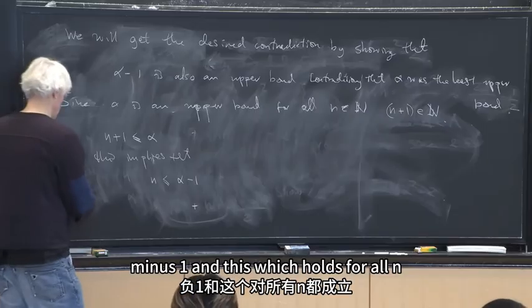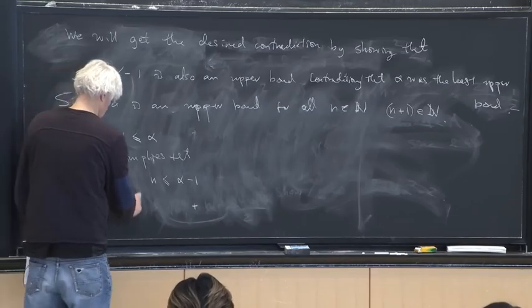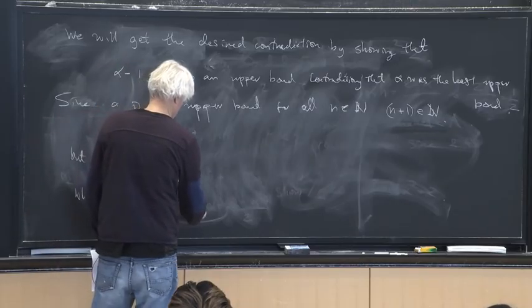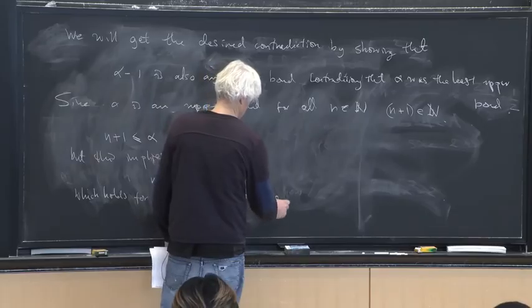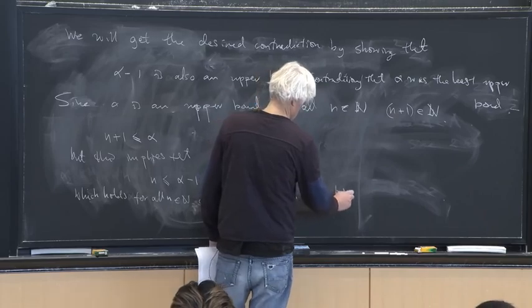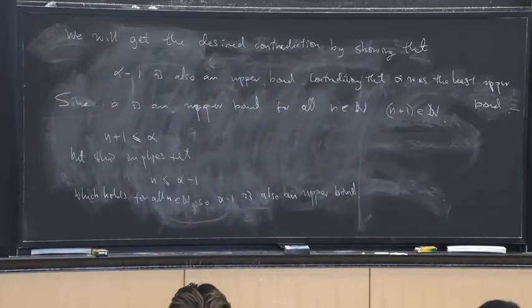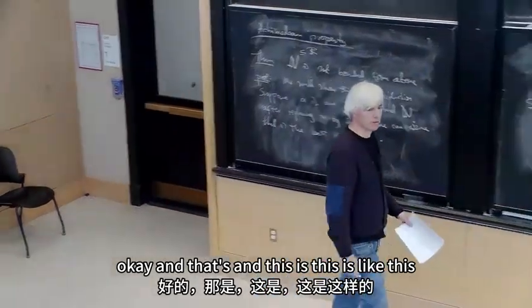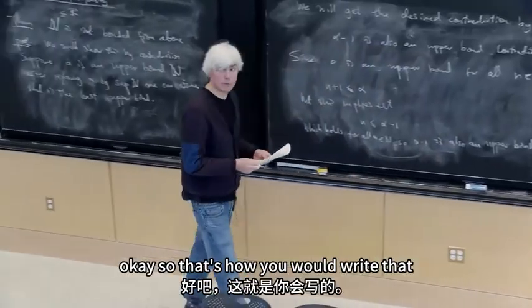And this holds for all natural numbers n, so alpha minus 1 is also an upper bound. This gives you the desired contradiction. Okay, so that's how you would write that.